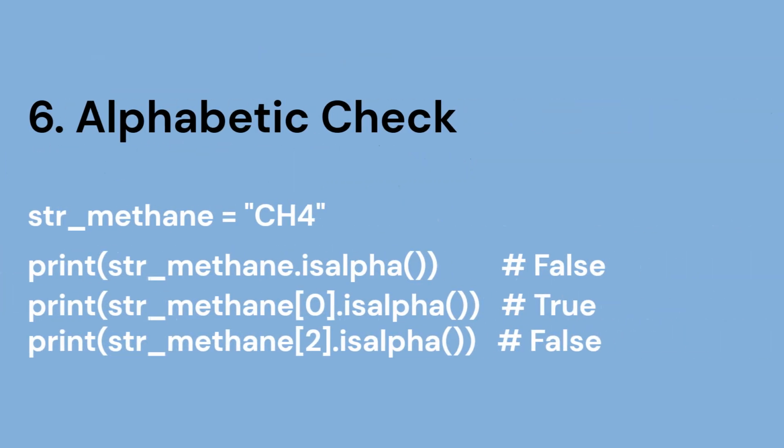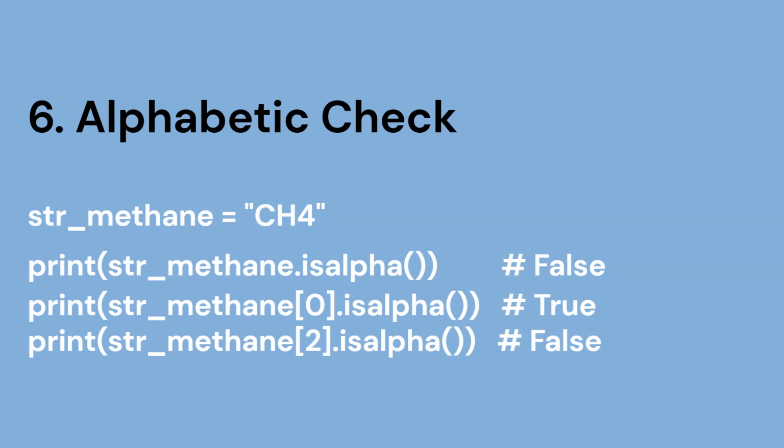6. Alphabetic check. Let string_methane = "CH4". Print string_methane.isalpha() gives False. Print string_methane[0].isalpha() gives True. Print string_methane[2].isalpha() gives False. Dot isalpha checks if characters are letters.